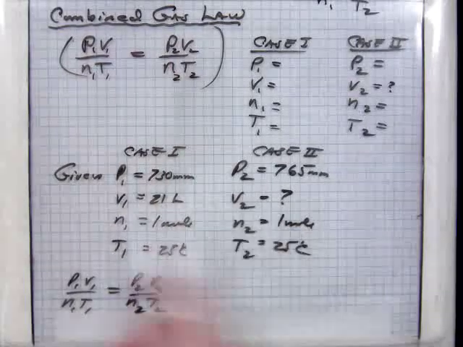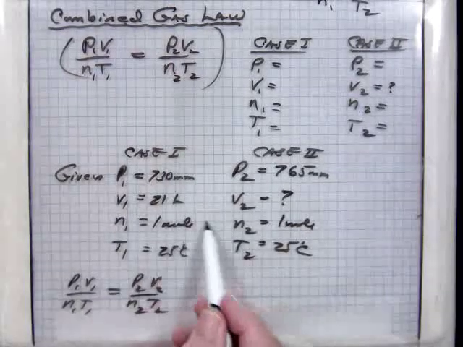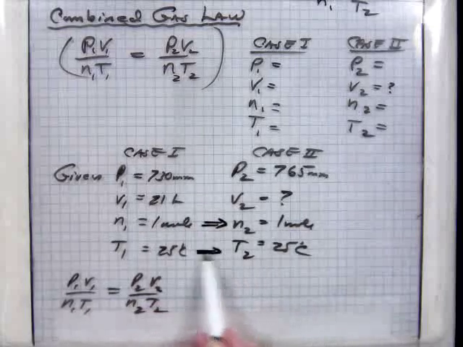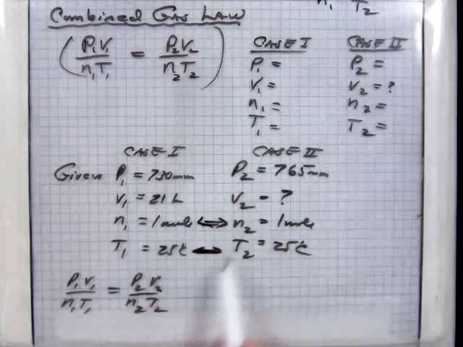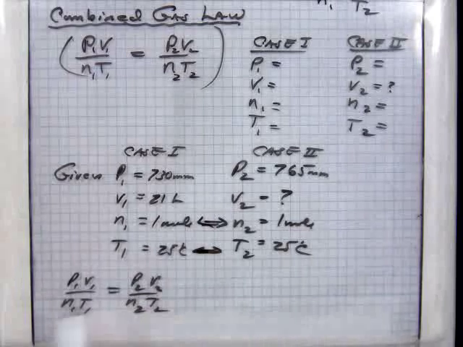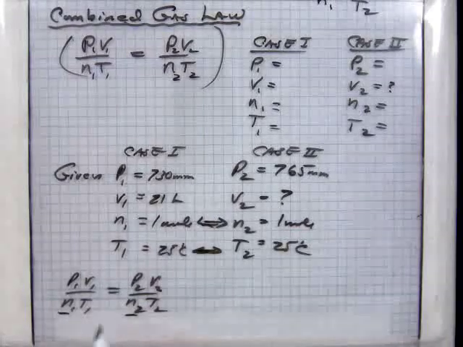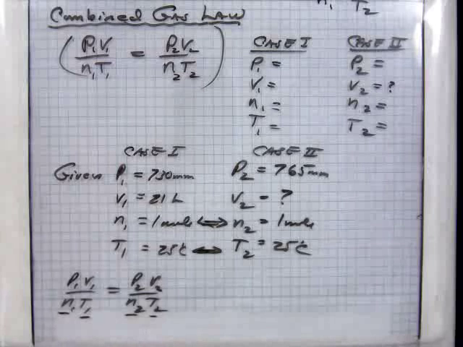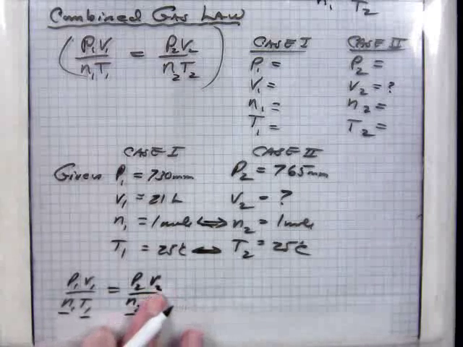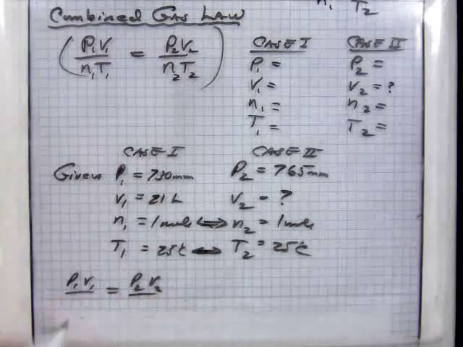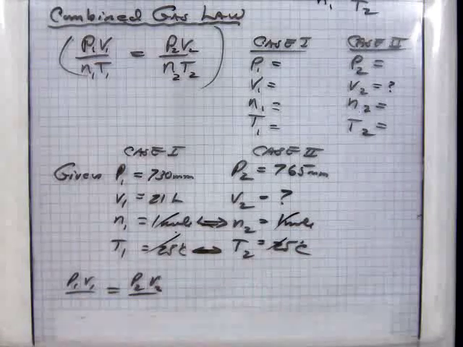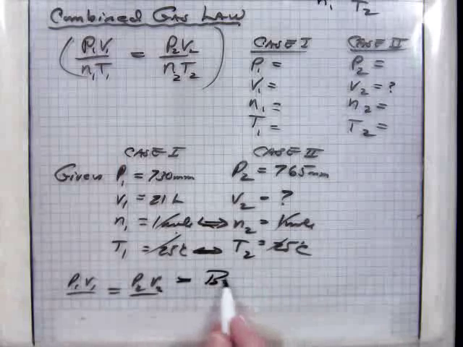Now, when you look at the data, what do you see here? These are the same, right? N1 and N2 and T1 and T2 are the same. Yes? Everybody say it. Okay, they're going to cancel out if they're the same on both sides, right? What are you left with? Boyle's law.